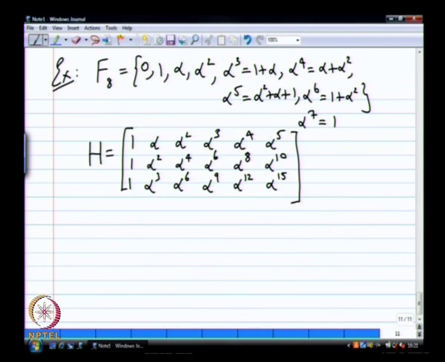So basically the ijth element of H, you can write it as alpha power, with i equals 1, 2, 3 and j equals 1, 2, 3, and so on, i minus 1 into j.